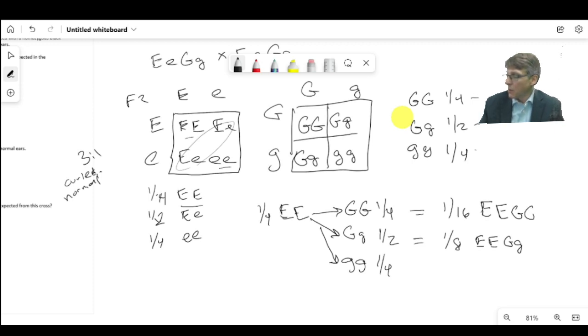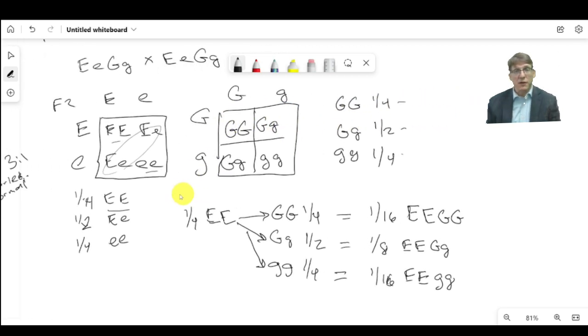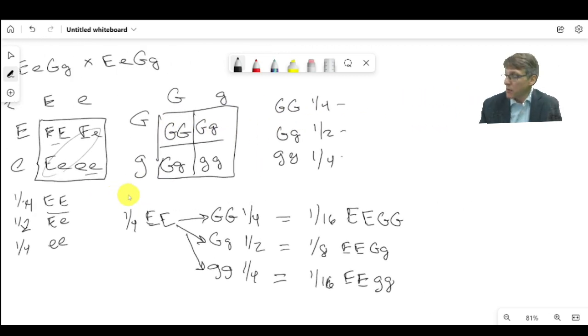And then 1/4 times 1/4 is 1/16. We're going to get big E, little g. And then for each of these, we want to say what the phenotypes would be. So remember, if we have any big E's, these are all going to be curled-eared cats.